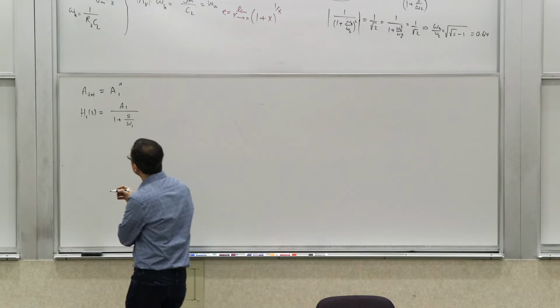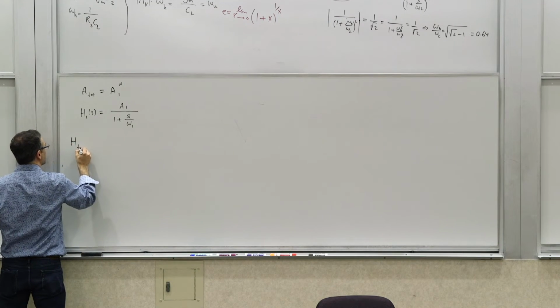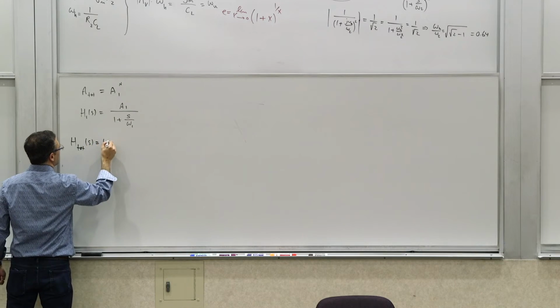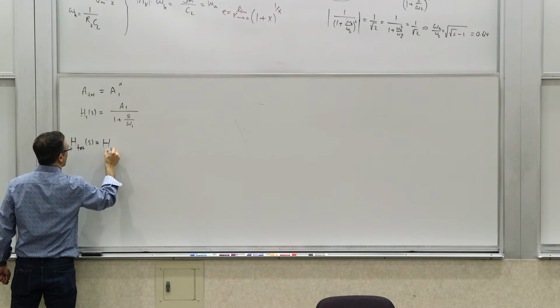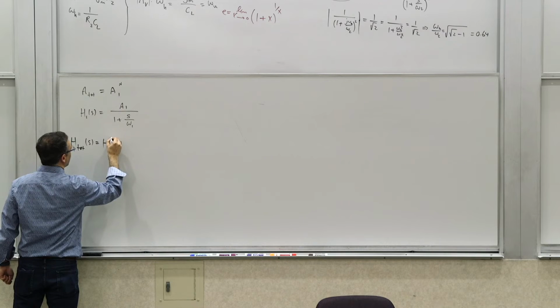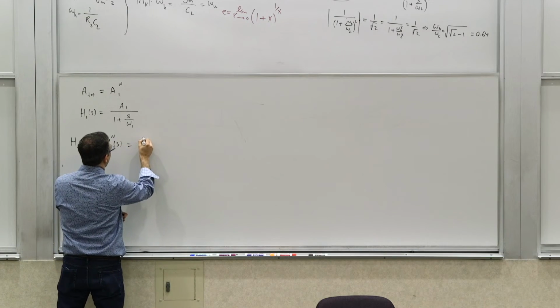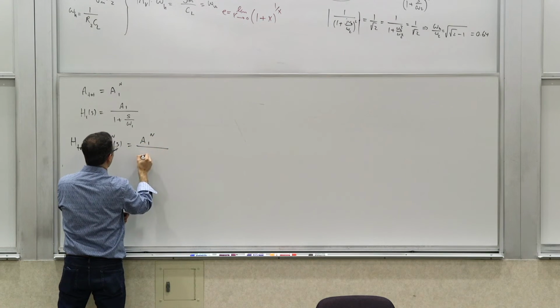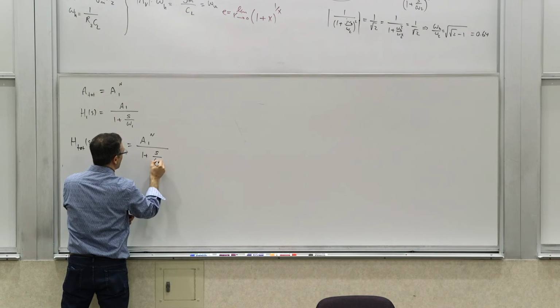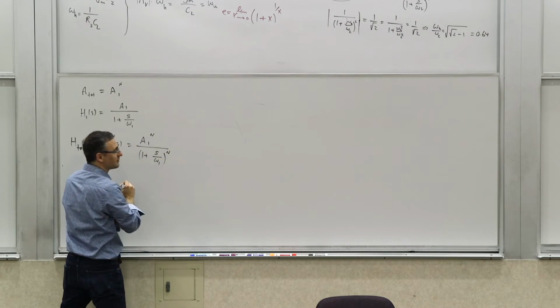The transfer function of the aggregate system is going to be the transfer function of one of these to the power of n. It's multiplied n times by itself, which becomes A1 to the power of n divided by 1 plus s over omega 1, to the power of n.